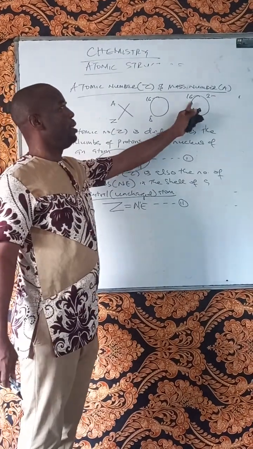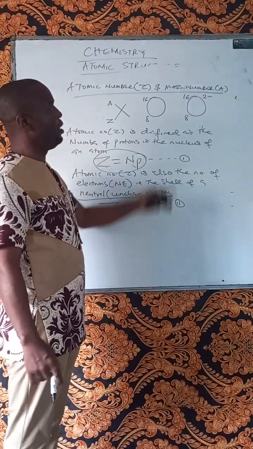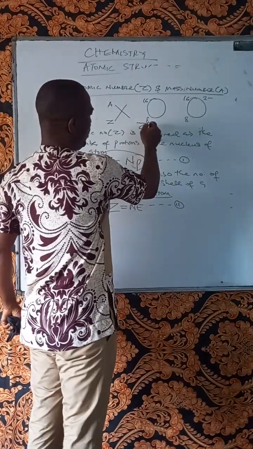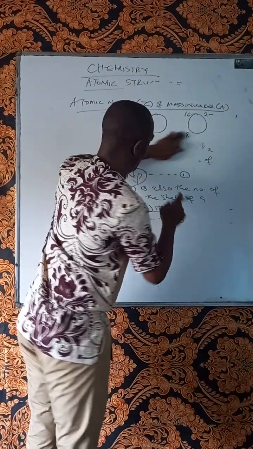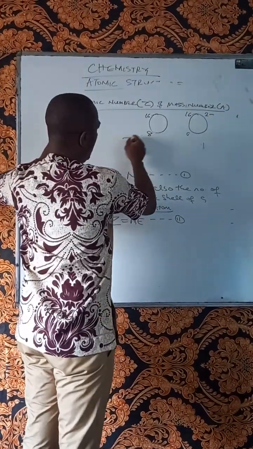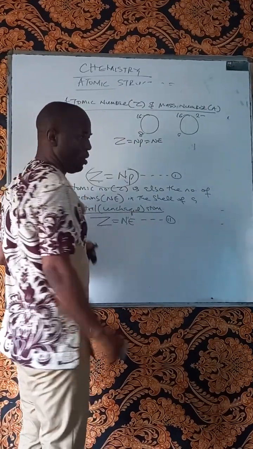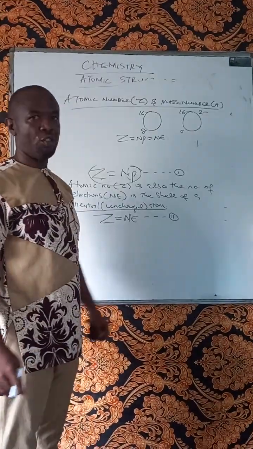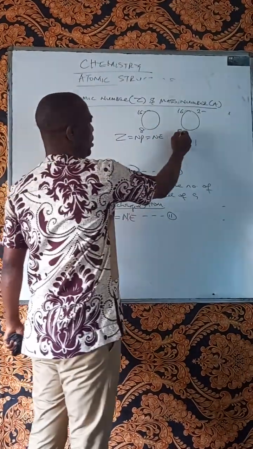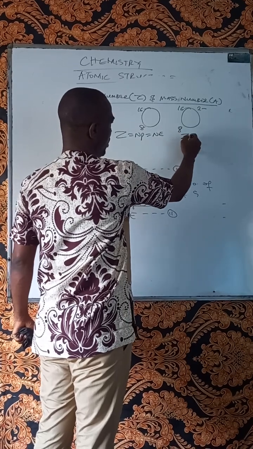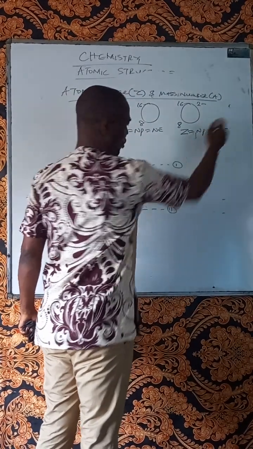Look at this atom. This atom has a charge. You can see -2 on it. What it means is that, for this first one we wrote on the board, Z is equal to proton, equal to electron. The three things are equal because the atom here has no charge. Then, for this one, we have Z equal to proton, but not equal to electron.